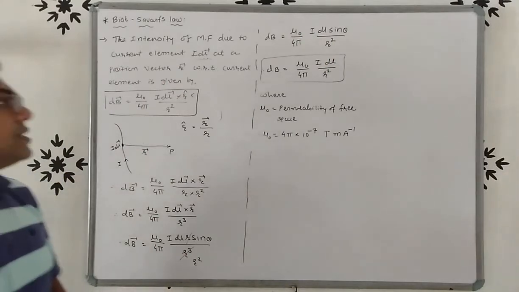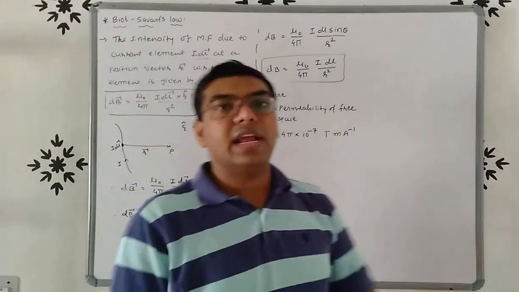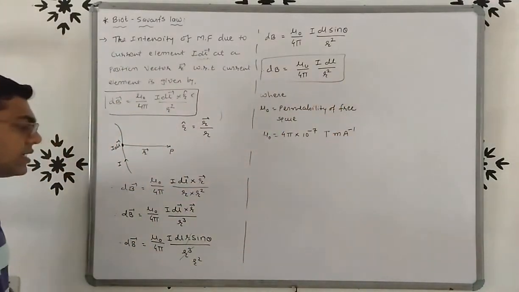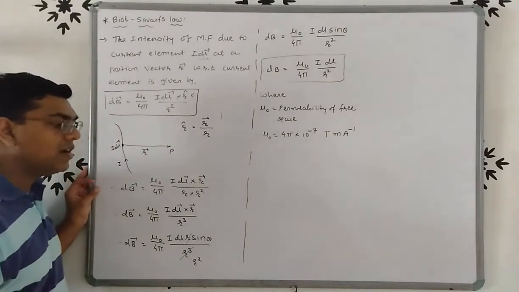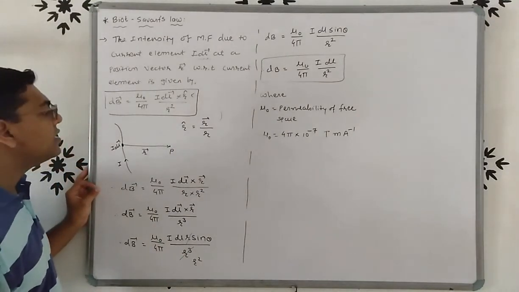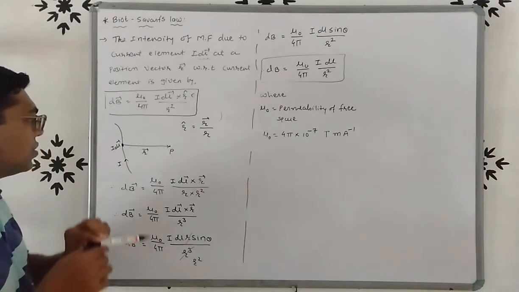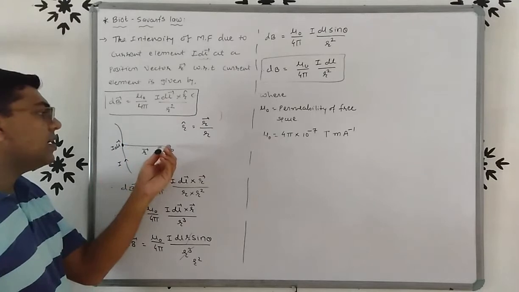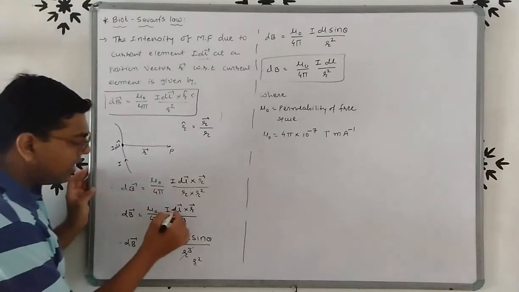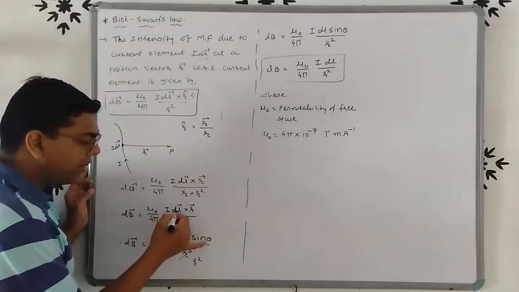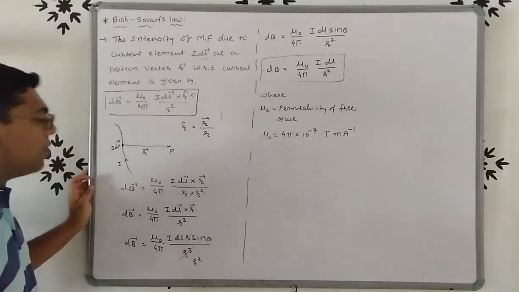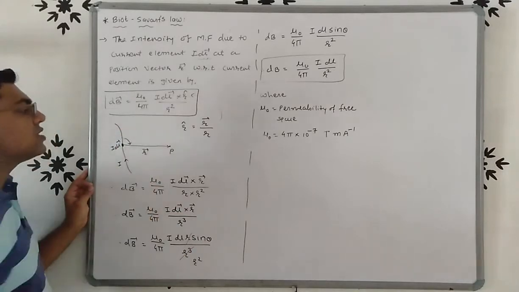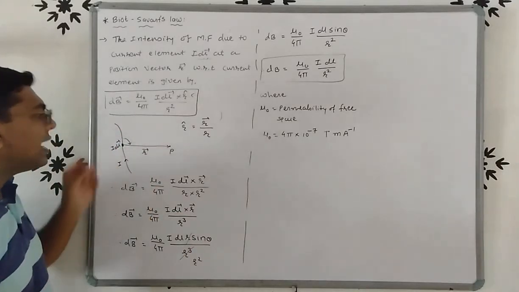Now what is the direction of magnetic field, inward or outward? We define the direction of magnetic field by the right hand screw rule. So here we put a screw like this, here at point P. Now see the formula, vector dl cross vector r. So you have to move this screw like this to the right hand side.